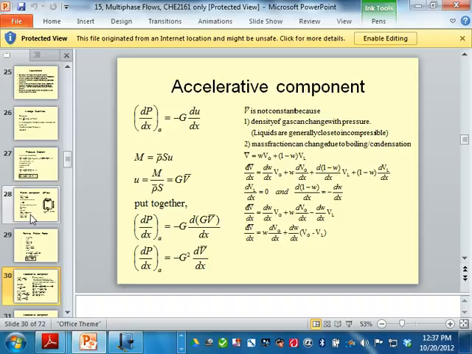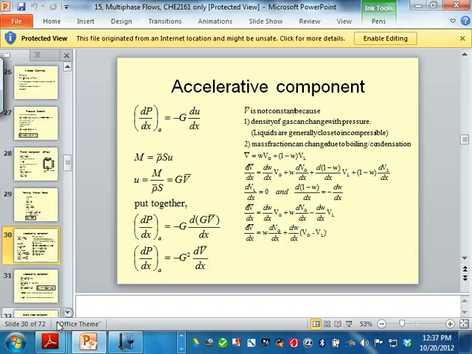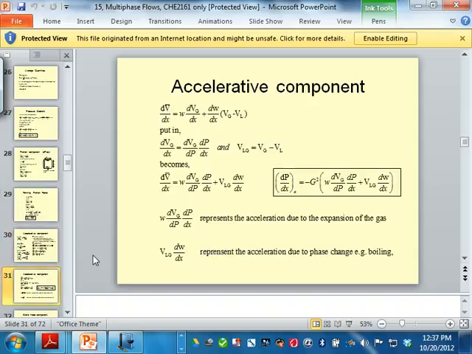You want to follow the math through. So the acceleration component is like this. Notice dP/dx also depends on the dP/dx, because the change in the gas phase is related to the change in pressure.